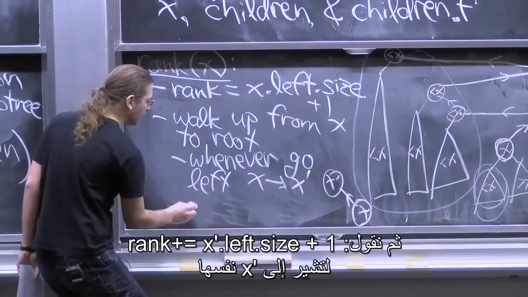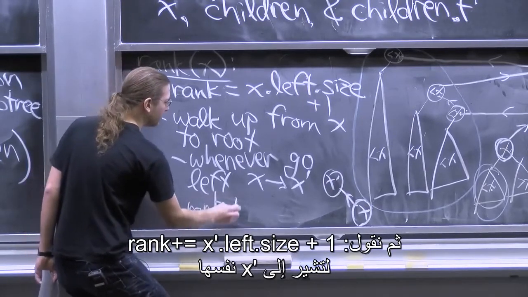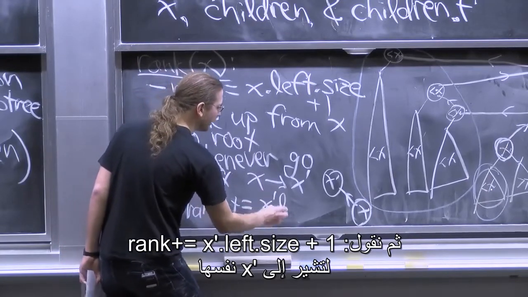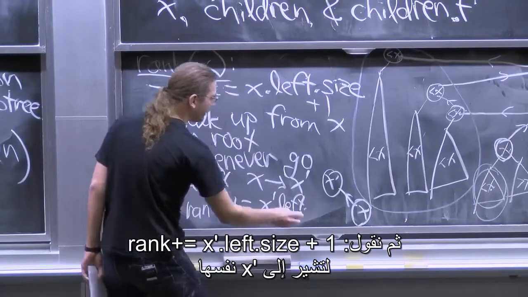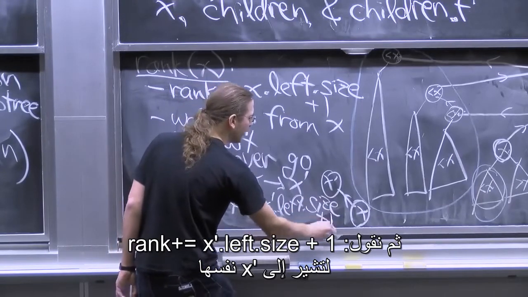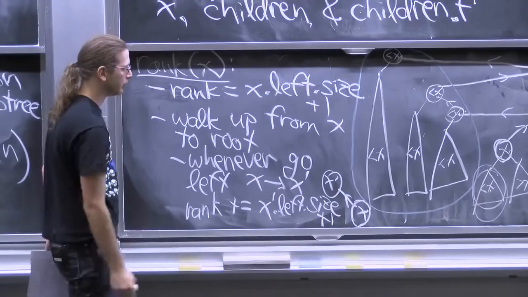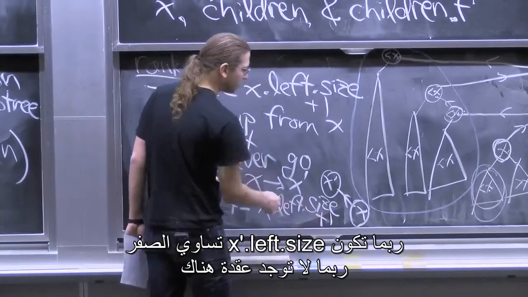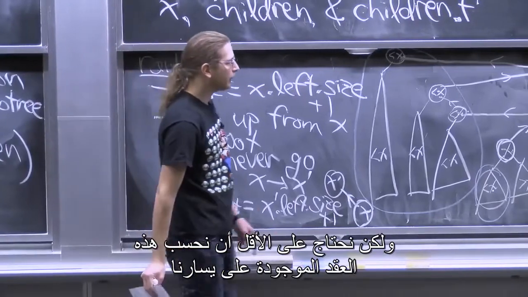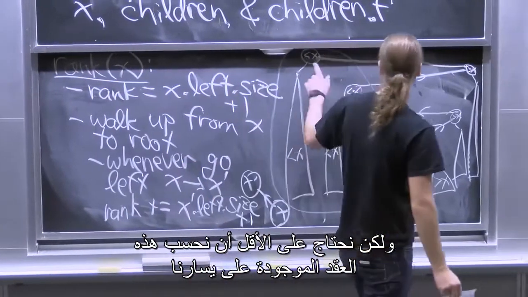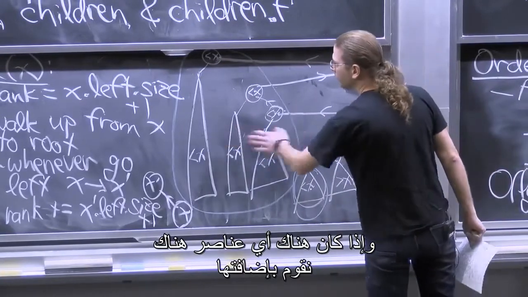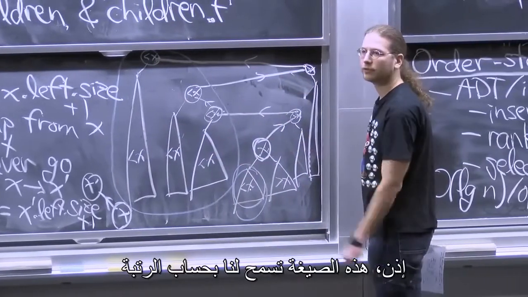Then we say rank plus equals x prime dot left dot size plus 1 for x prime itself. Okay, maybe x prime dot left dot size is 0. Maybe there's no nodes over there. But at the very least, we have to count those nodes that are to the left of us. And if there are anything down here, we add up all those things. So that lets us compute rank.